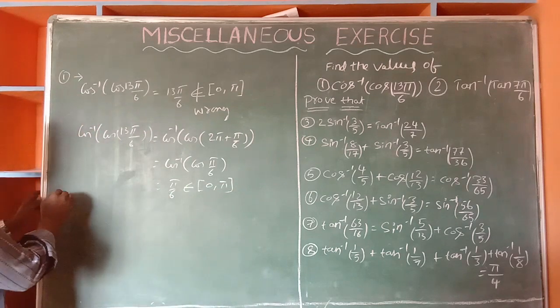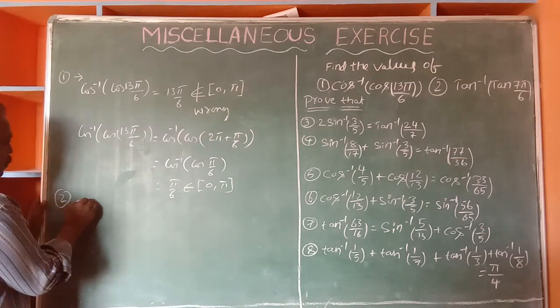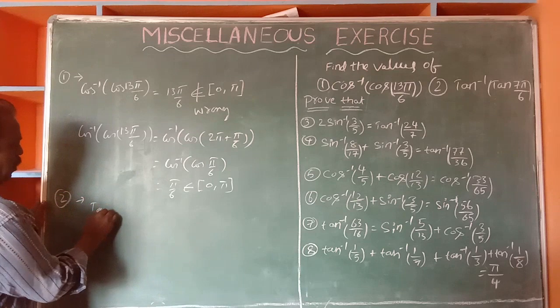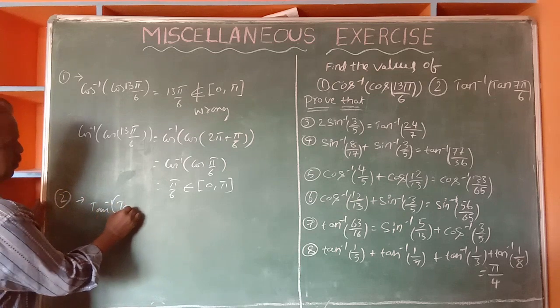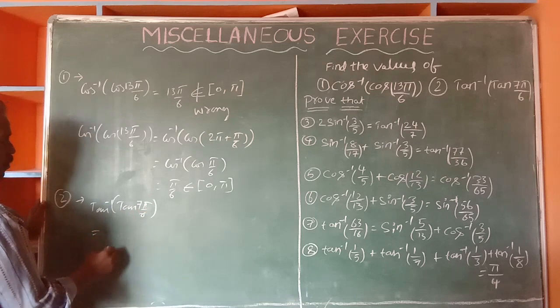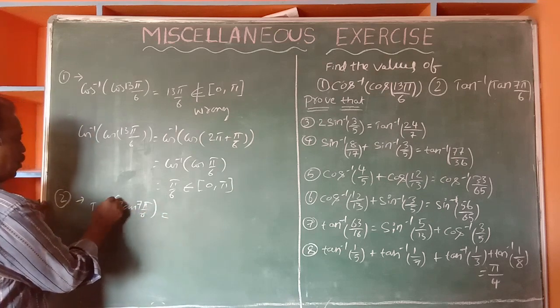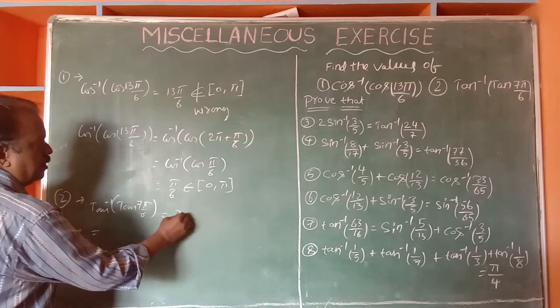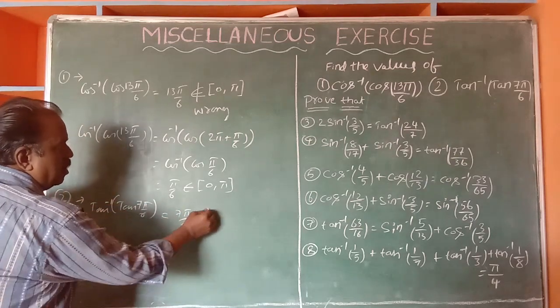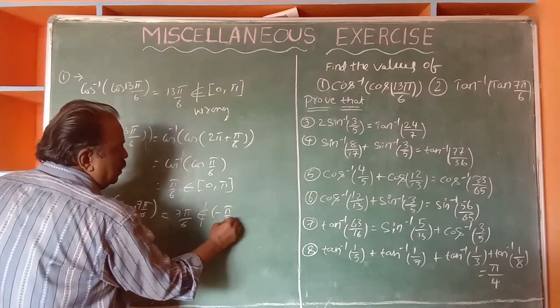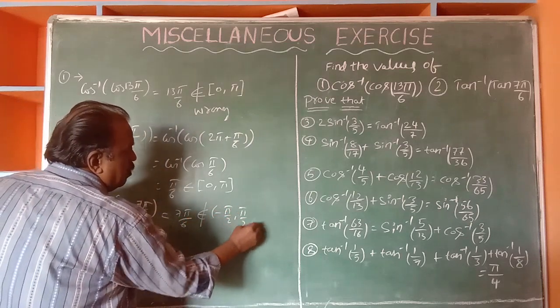Right. Number 2. Let's see. Tan inverse of tan 7 pi by 6. Here also the students may commit the mistake. Tan inverse and tan cancel, and it is 7 pi by 6. But it doesn't belong to the open interval minus pi by 2 to plus pi by 2.